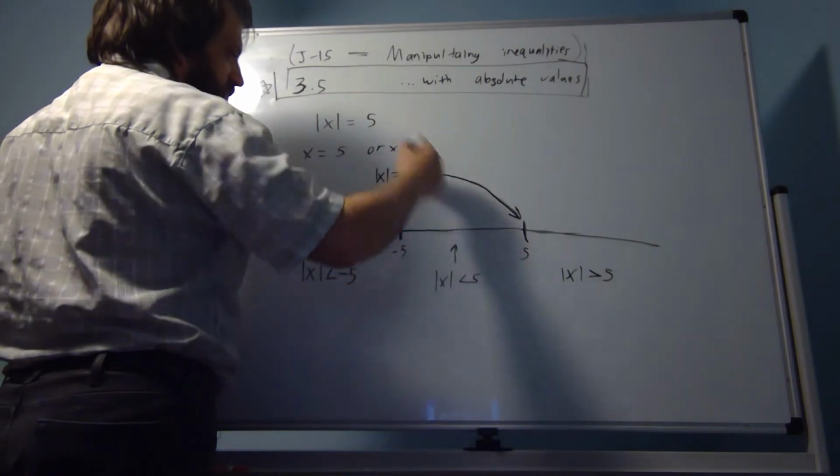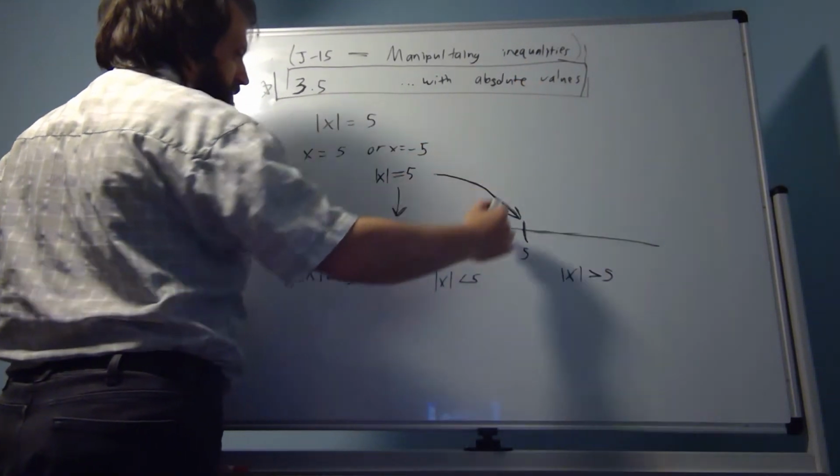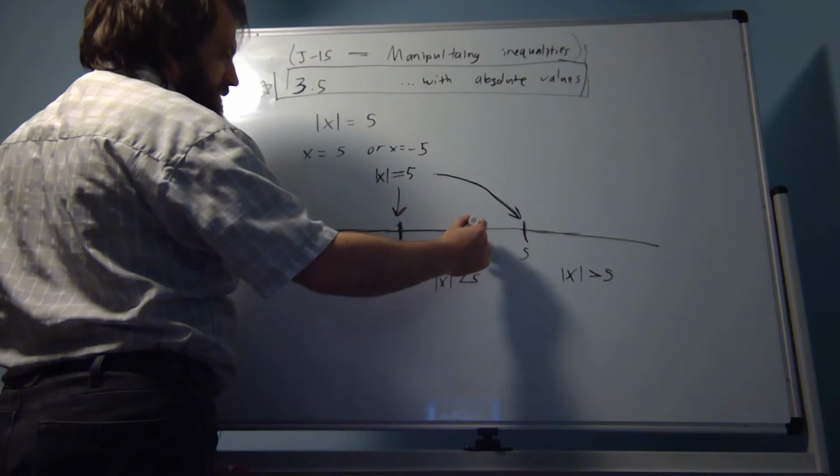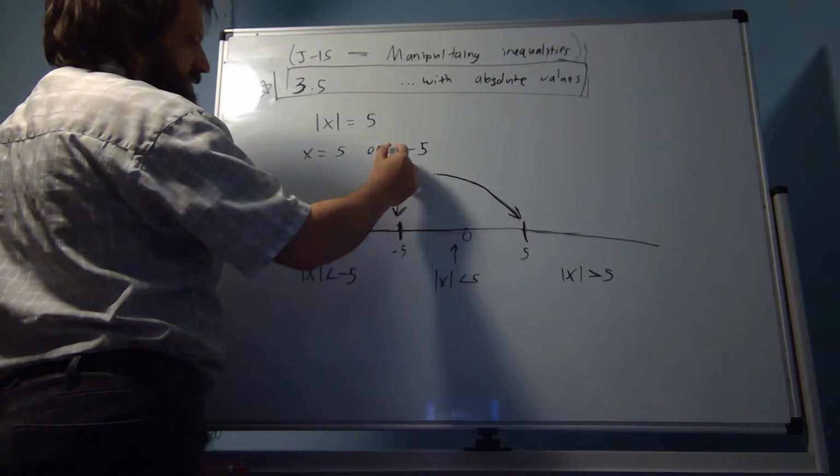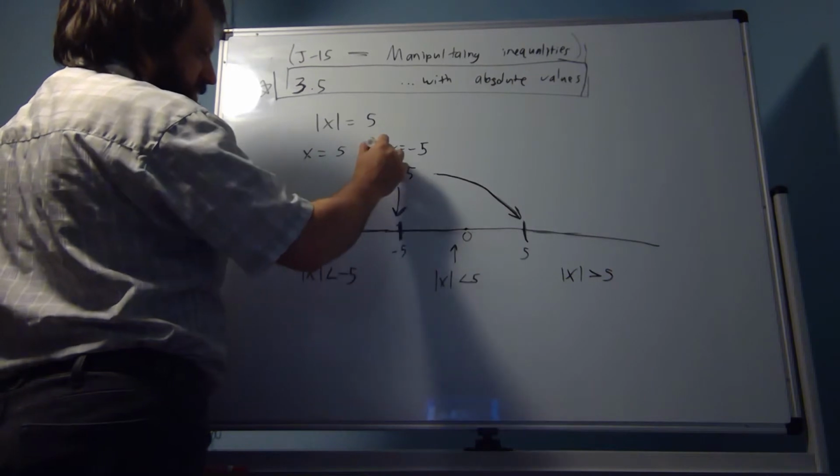So the absolute value of x looks like this. It starts out at 0 when x is 0, and then it gets bigger, and then it's exactly 5.